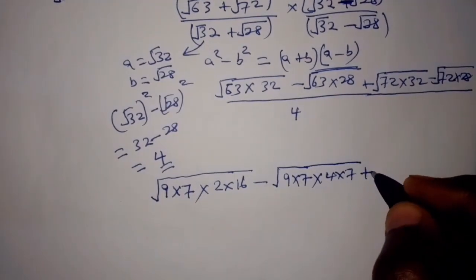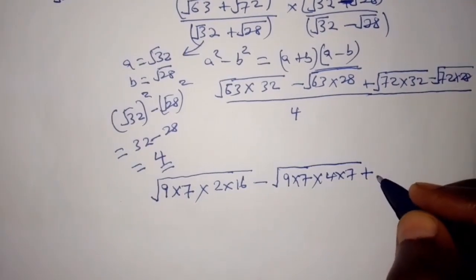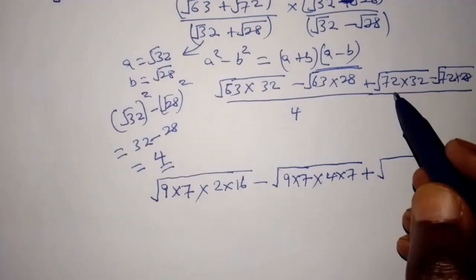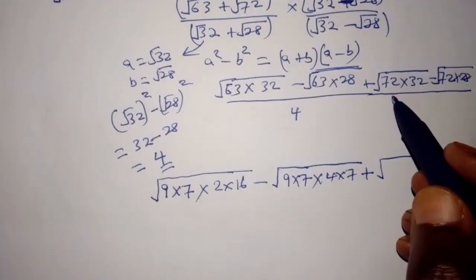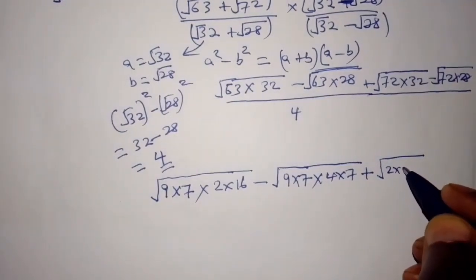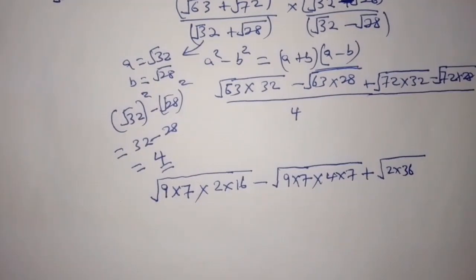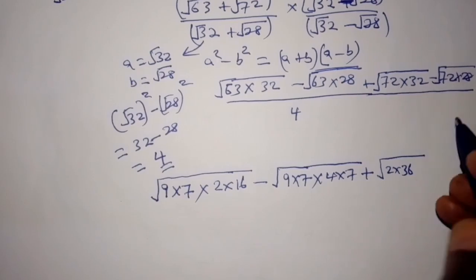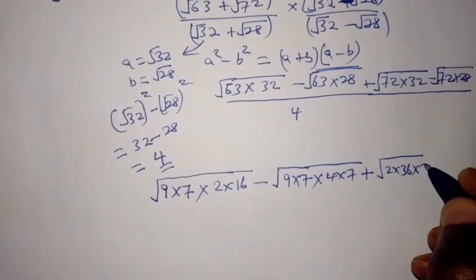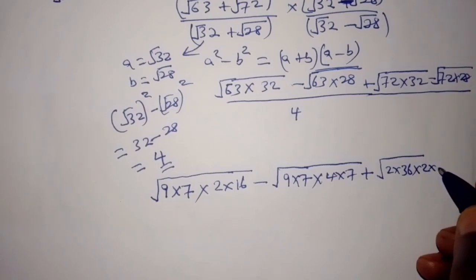Then we add square root of 72. 72 is 2 times 36. 32 is 2 times 16.